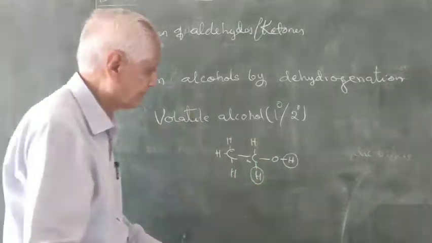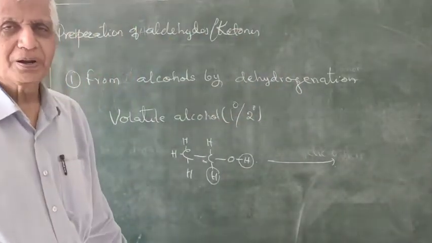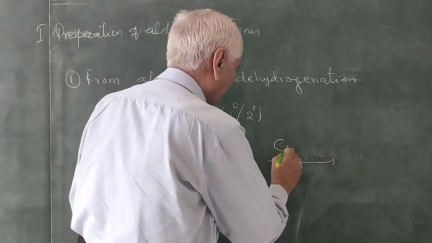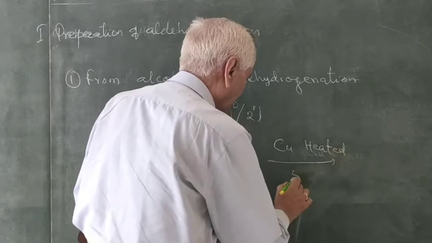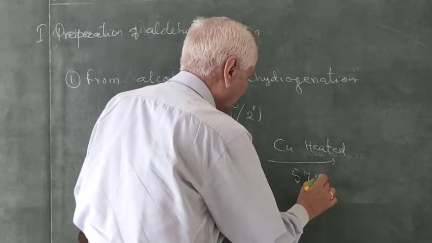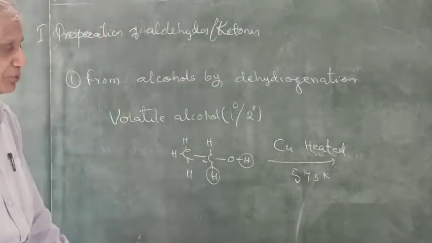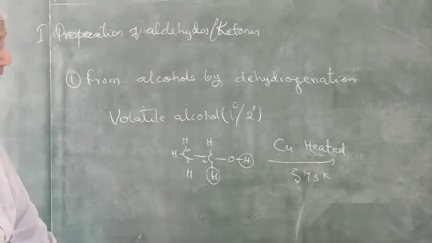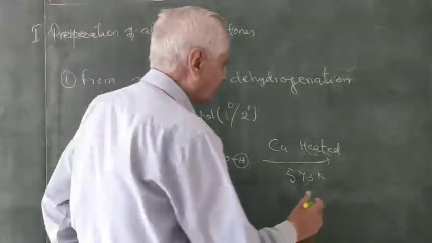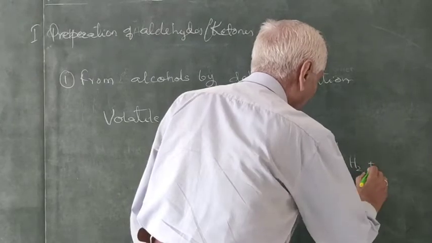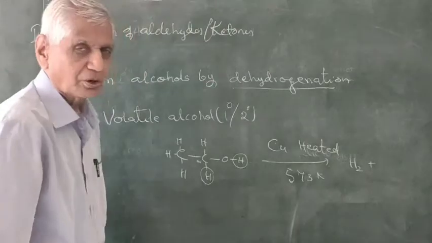How? Simple. This is passed over copper catalyst heated at 573 kelvins or 300 degrees centigrade. When it is passed over this copper catalyst at that temperature, hydrogen is removed. Therefore, there is elimination of hydrogen, which is called dehydrogenation.